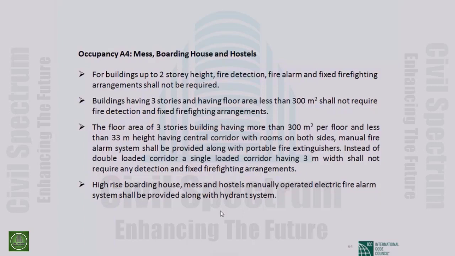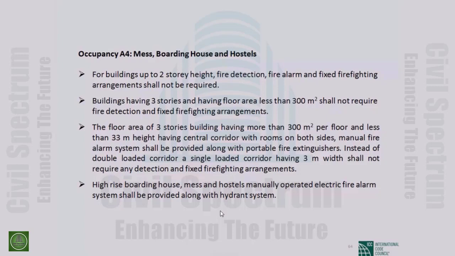If the corridor has rooms on both sides, then it is double loaded. If there is a 3 meter corridor, then there is nothing. That corridor can be used as a smoke-free area. That's why you do not need something.